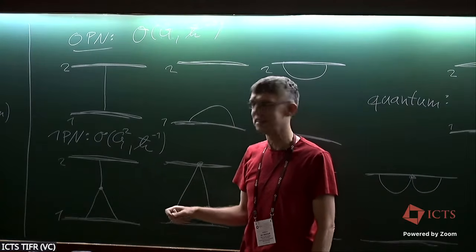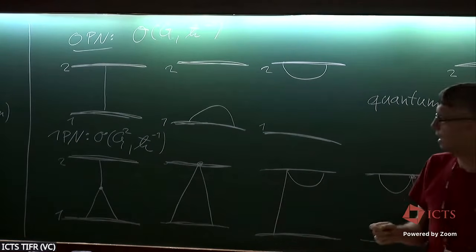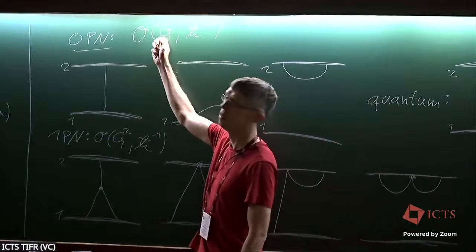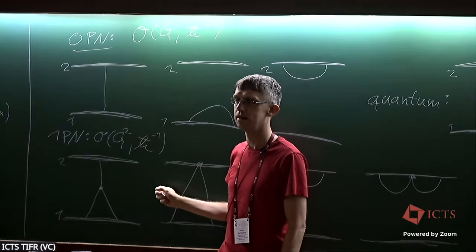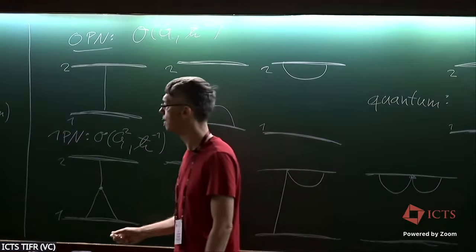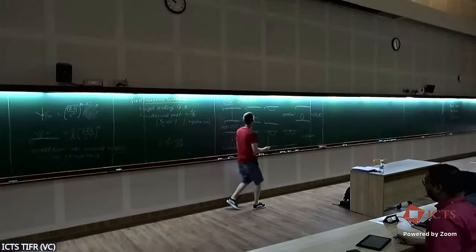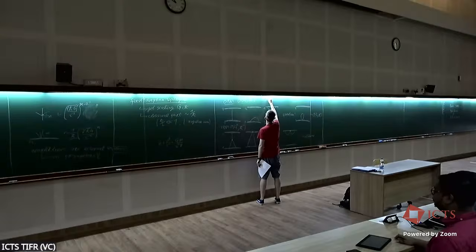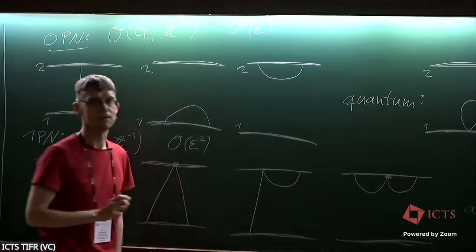And then there will be even more simplifications. So we have here g to the power 1, and here we have the g squared diagrams, at most g squared. So first order in epsilon would be linear in g. Epsilon squared, which is the first post-Newtonian order, is g squared. So this is order epsilon, and this is order epsilon squared.